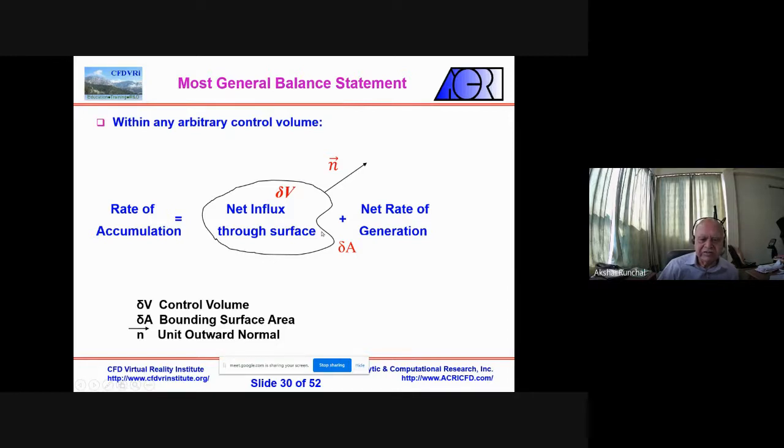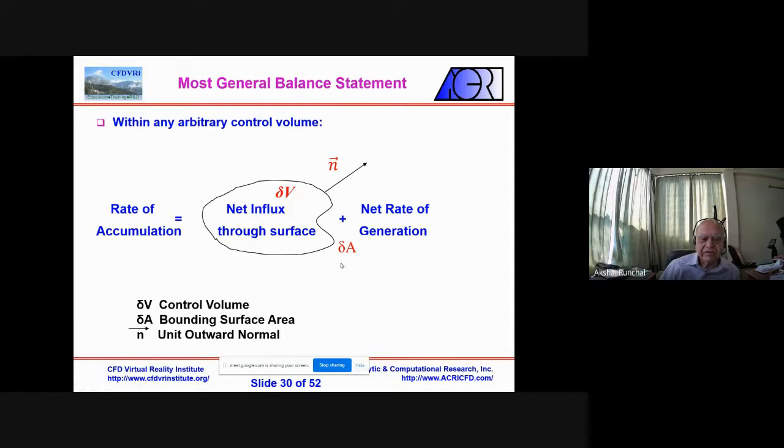You have a volume and a surface, like your glass or any container. Now the only way things can change or accumulate in this volume, let's say you have X amount of some quantity, how does it become Y? Either it can be generated inside this volume, or it can flow in or out of that volume. There is nothing else that can happen to it.